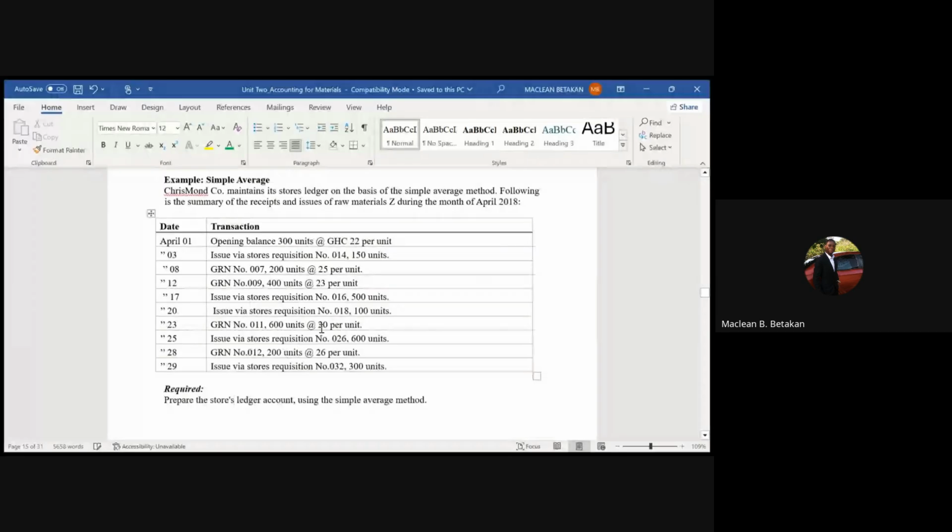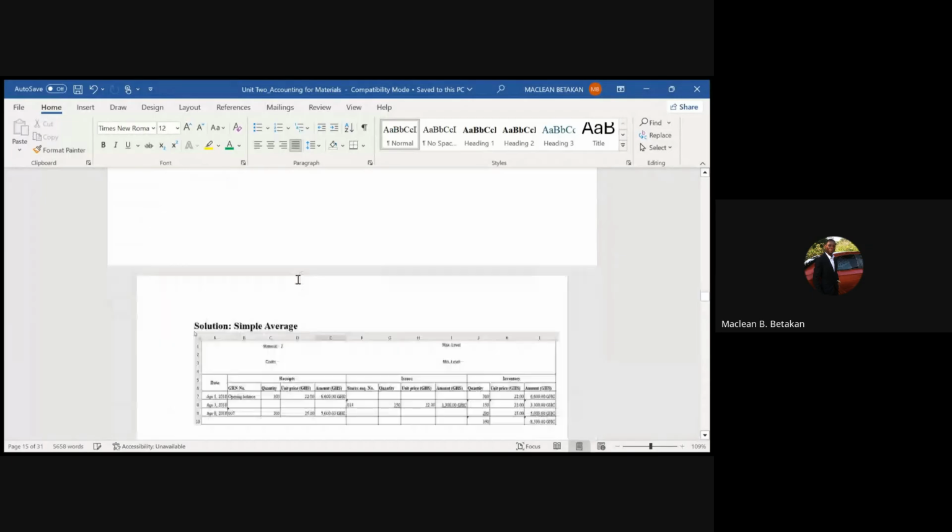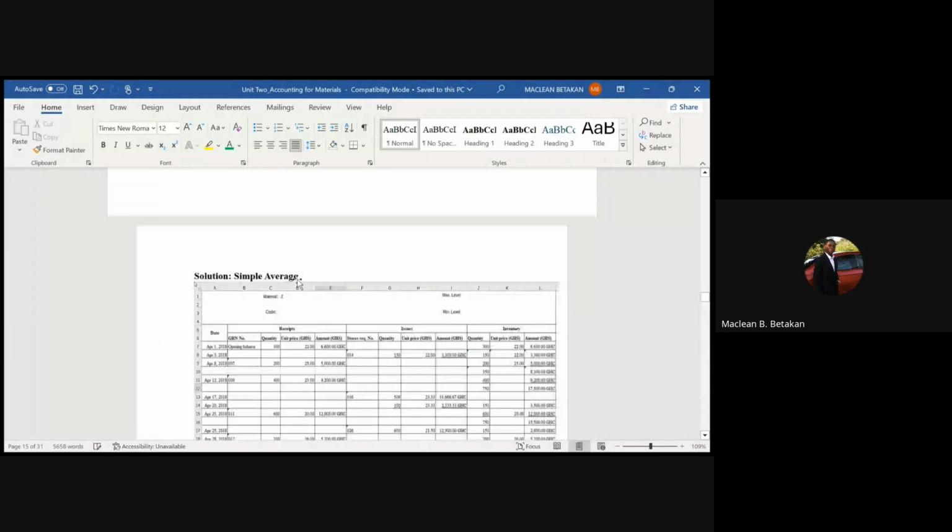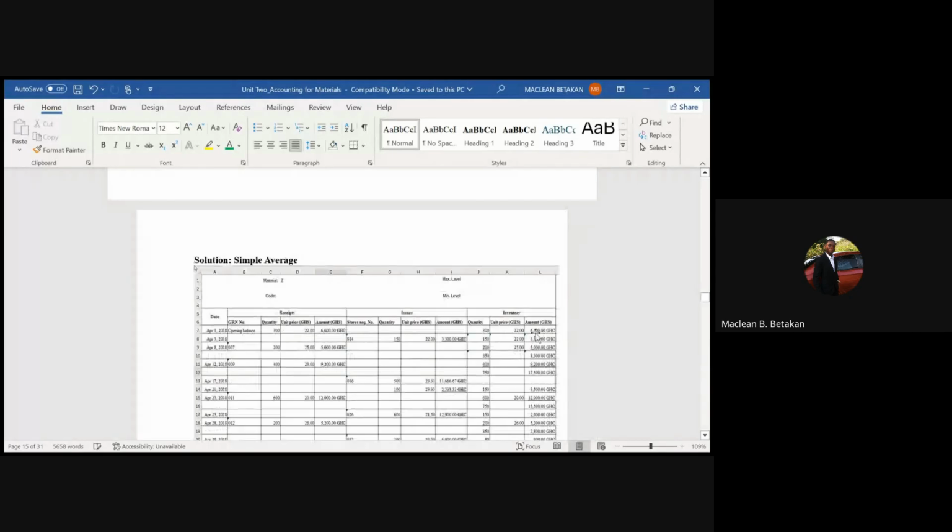Okay. And then on the 8th, we have received 200 units. And on the 12th, we have received another 400 units. But because we are using simple average, we need to take care of that. So let's see the first one. We have 22 here. We are using the same 22, though we'll divide by 1.